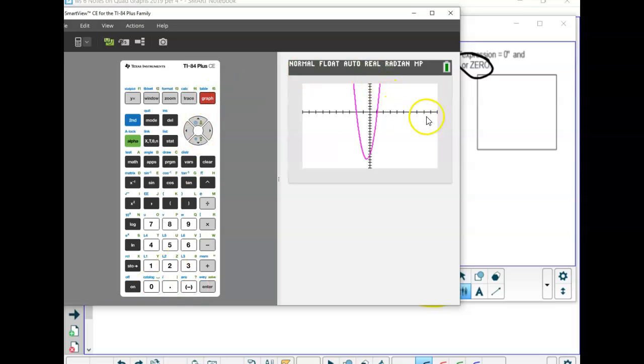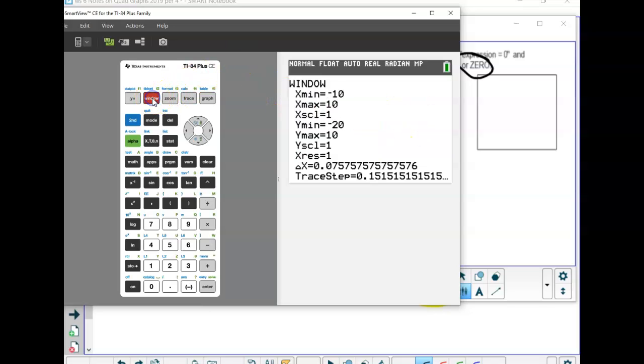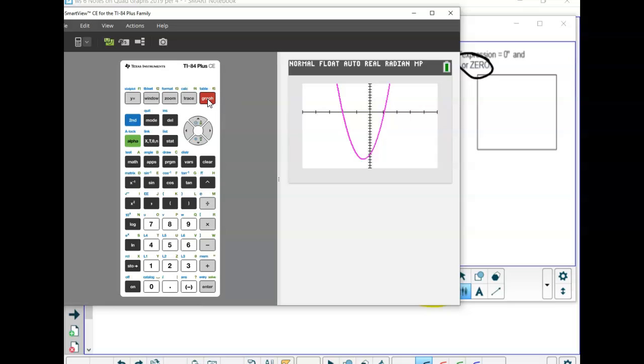Now, I also don't need as much what? X. Yeah, I could, if I wanted, stretch it and just put like negative 5 to 5, and it doesn't matter. Okay, you can leave it as the original one if you want, because we could see the zeros. That's what we're trying to find here.